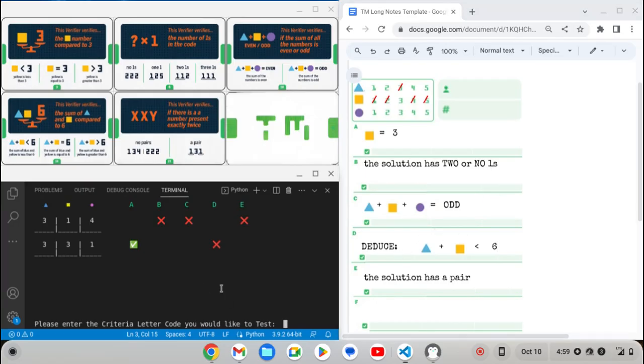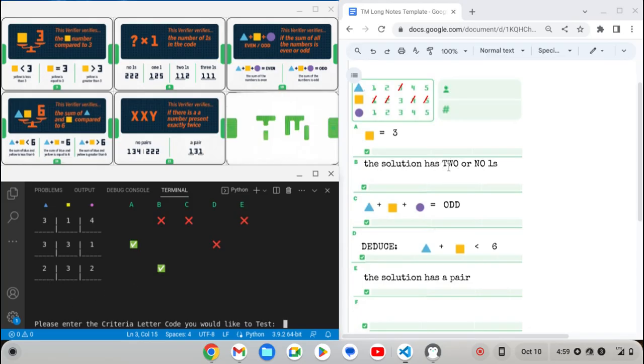So I'm going to go to the next round, and I'm going to say 232, and I'm only going to test criteria card B again. So let's see. B. Okay, it is true that there are no ones.